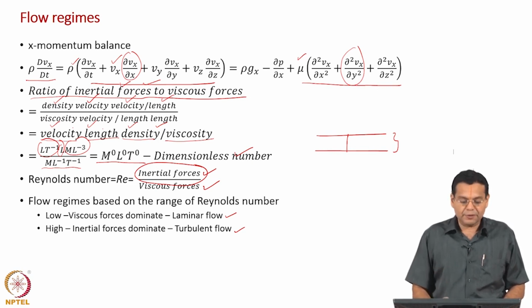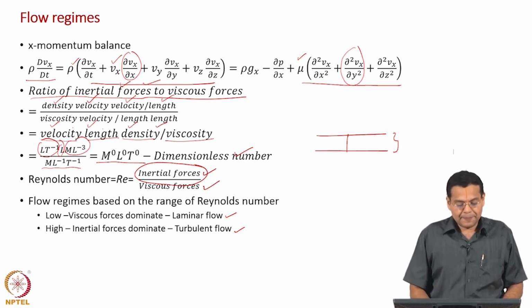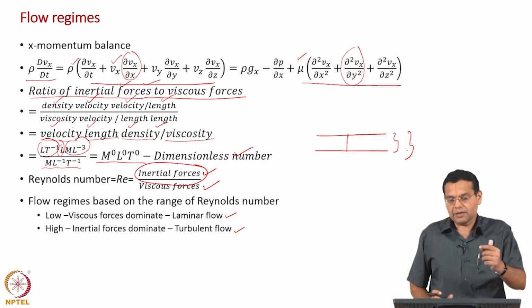For example, it could be flow of water, which has relatively low viscosity compared to oil, and so flow of water at high velocity through a large diameter pipe will result in turbulent flow. Or it could even be flow of air at very high velocity through a channel of large dimension.